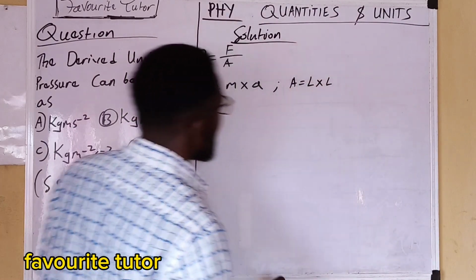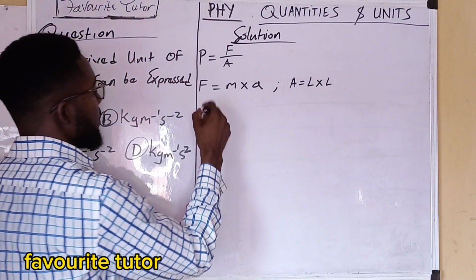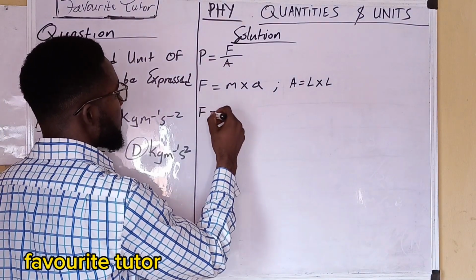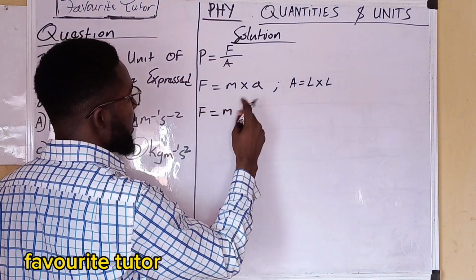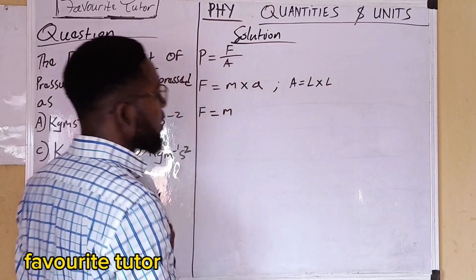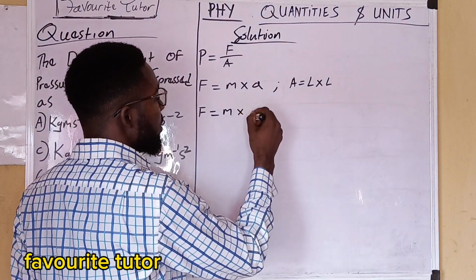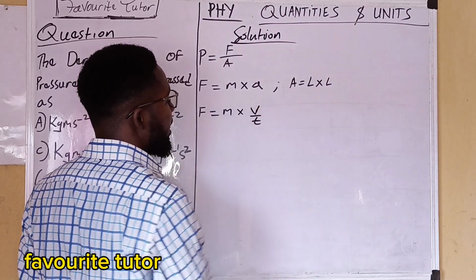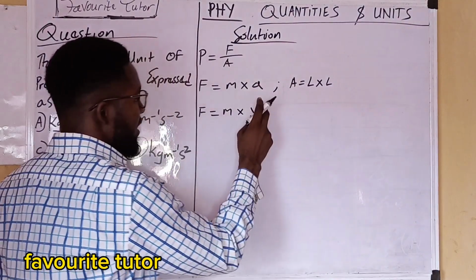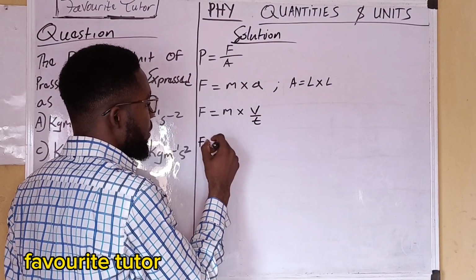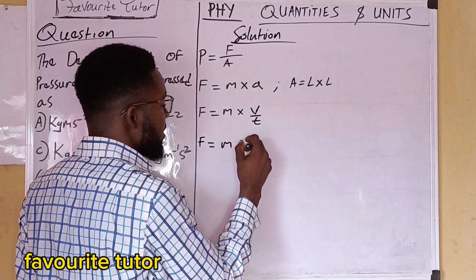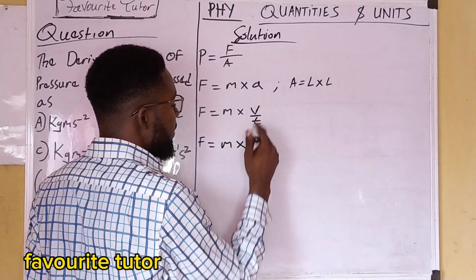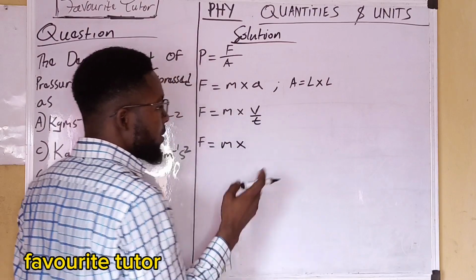So therefore, force is also equal to mass times acceleration. Acceleration is change in velocity over time. So I can still break down this velocity. So force is also mass times velocity, which is displacement over time.